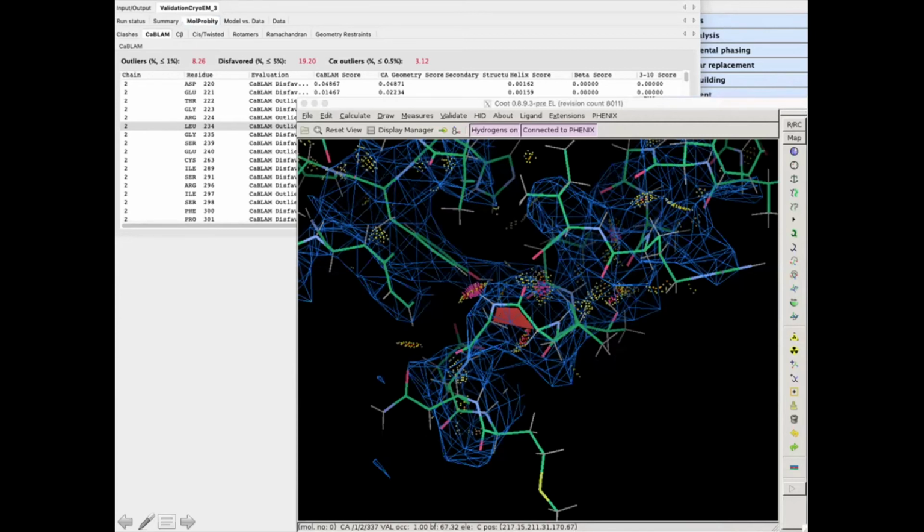But this one is in the last turn of a helix, and one of the things to say is if you get one of these in the middle of what looks like a straight helix, it doesn't have a big bend in it or a gap or whatever, you always want to fit it as a more ideal helix. And so if you just take that particular carbonyl and flip it over and let everything relax, that's the right answer.